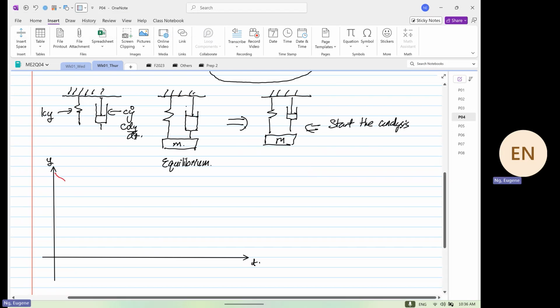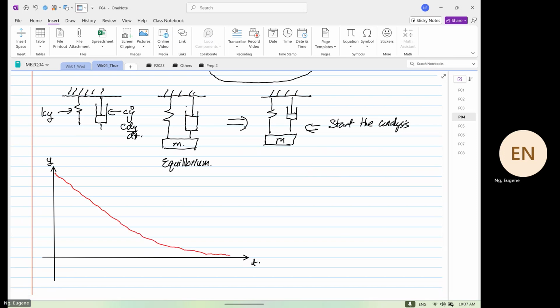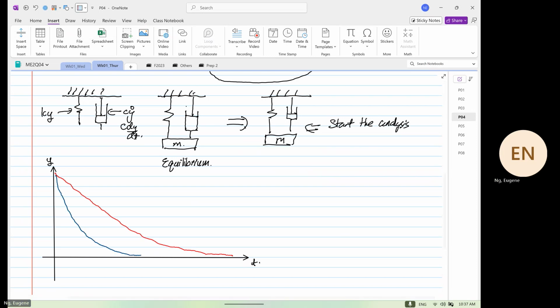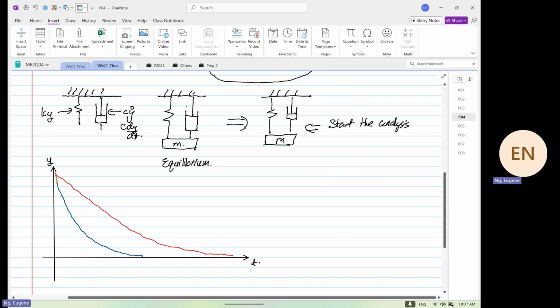So the first response goes like this. And then the second response goes like this. And then the third response goes like this.